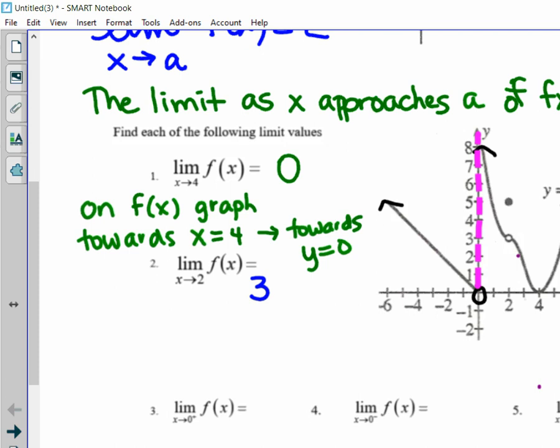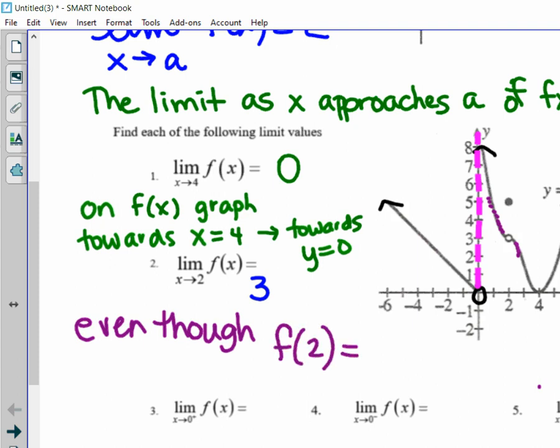You know, if we're getting close to the spot where x is 2, we're getting close to a y of 3, even though f of 2 is in fact 5.